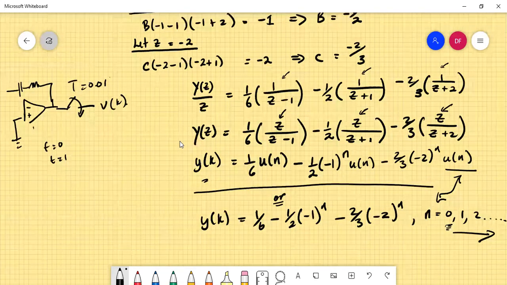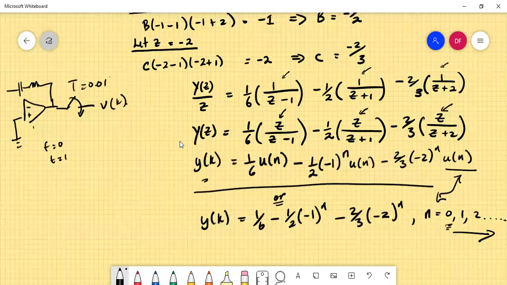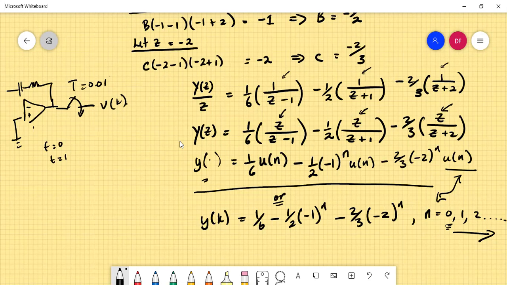Let me correct something again. See me write the foolishness: I write Y K and then I write N over here. So let me just fix that. It doesn't matter whether it's K or N, but we have to keep consistent. So when N equals 0, what is the value of the output?